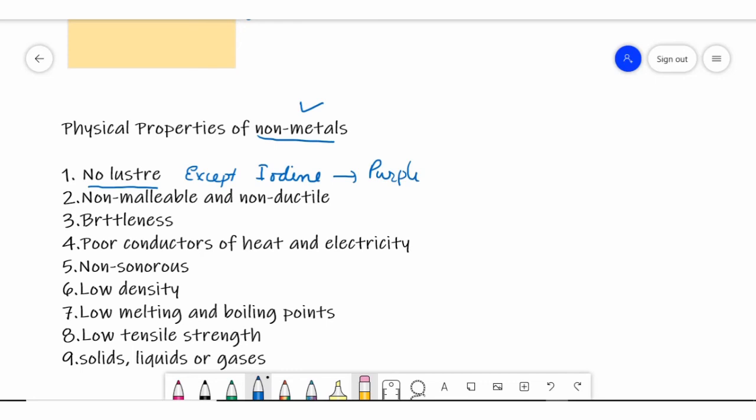Usually non-metals are non-malleable and non-ductile. In solid state, they are neither malleable nor ductile. Now, non-metals are soft and brittle.